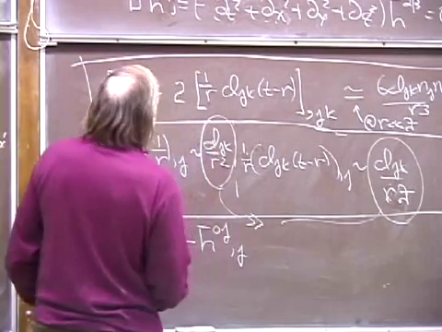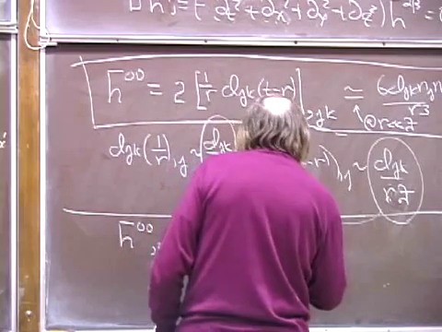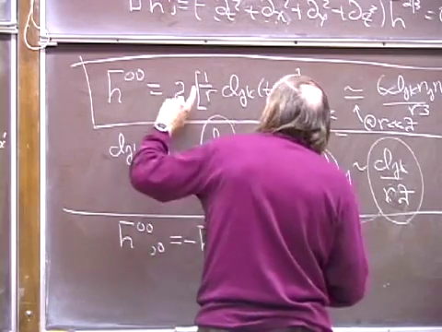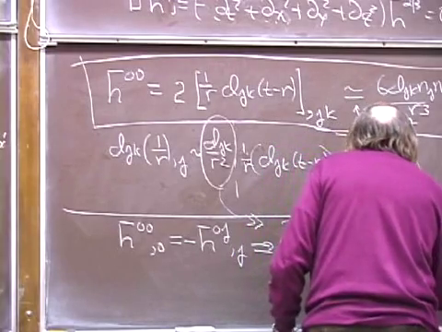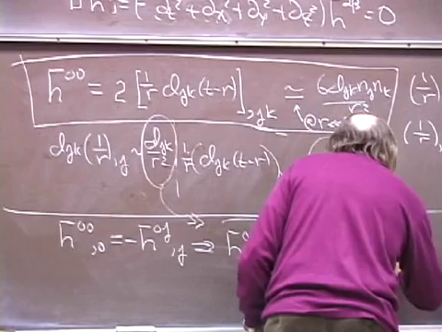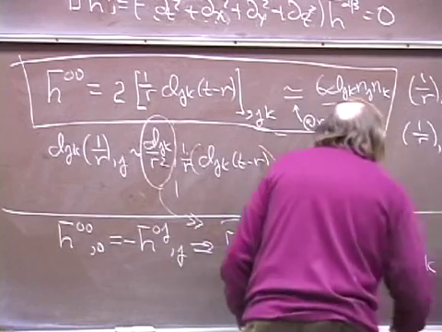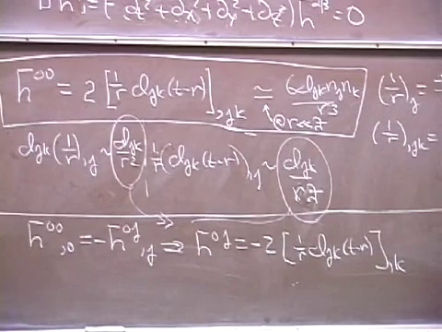And the answer is then that h bar 0j that I need, there's going to be a sign flip. It's minus 2 times 1 over r ijk of t minus r, with only one time derivative, one divergence on it.